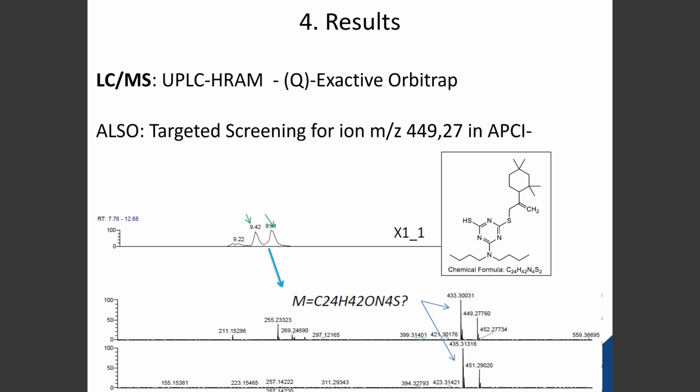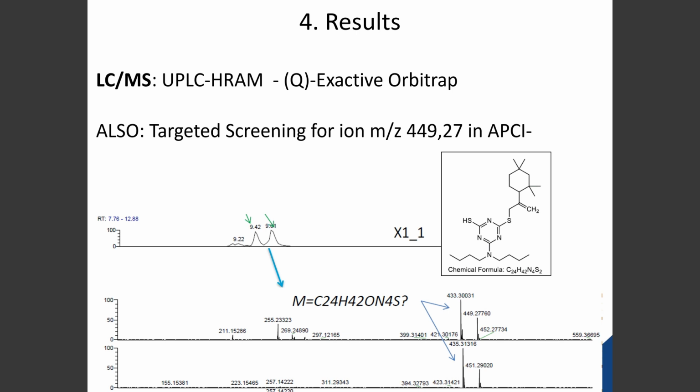This one with the mass of 449 is most probably the one that you can see on that picture, that can be a half-reacted compound, but it can also be a degradation product that is not fully clear, of course.